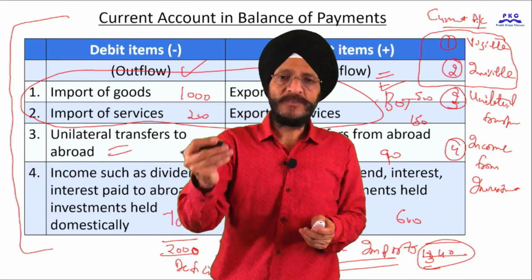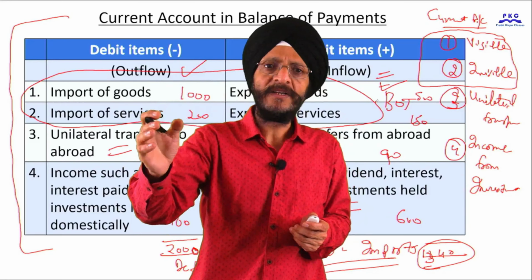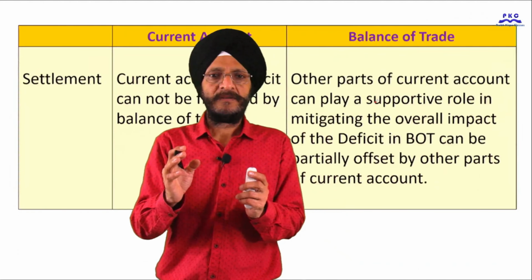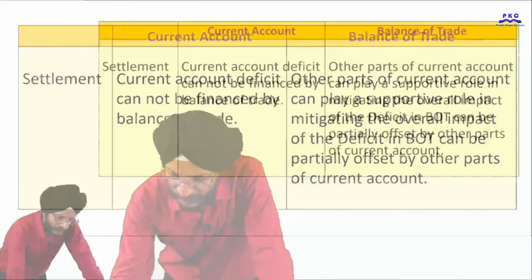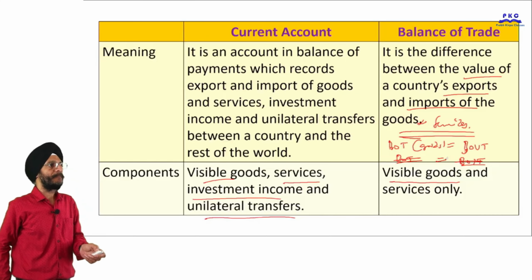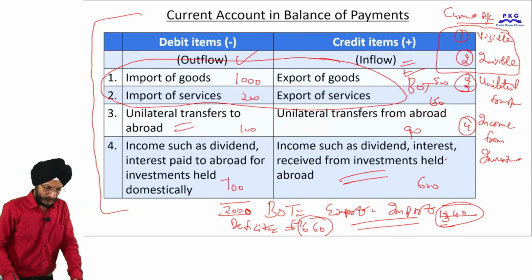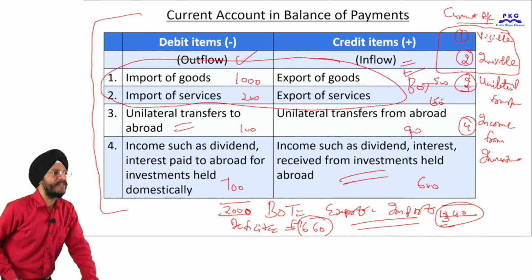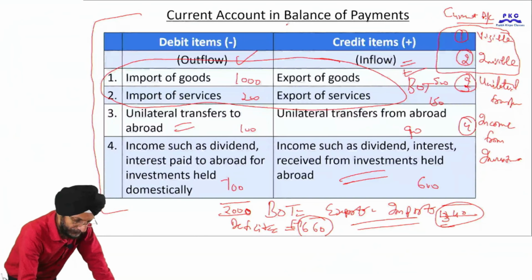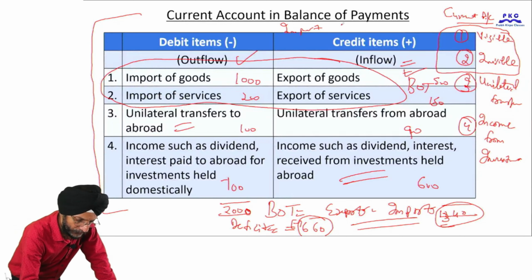But if there is a deficit in balance of trade, other parts of current account can play a supportive role in mitigating the overall impact of deficit in BOT; it can be partially offset by other parts of the current account. What does it mean? Suppose there is a deficit in balance of trade, meaning imports are more than exports.